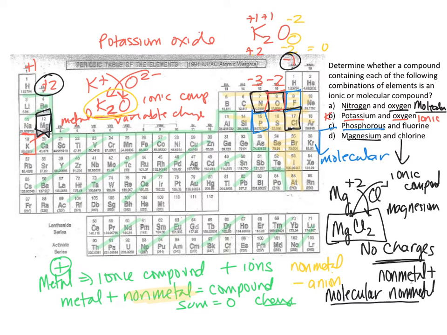Magnesium, the metal always gets its name, magnesium, and the ine will become ide, chloride. These will always become an ide. So let's just double check that. If there's one magnesium at +2, that's a +2 on the cation side, and then you have a -1 and there's 2 of them, that's a -2, that sums to 0.